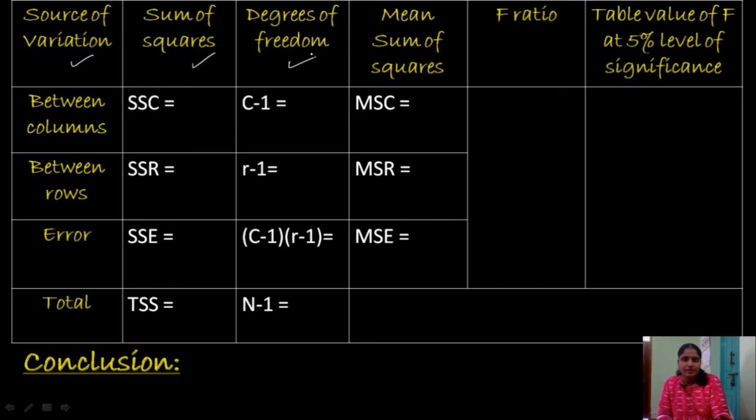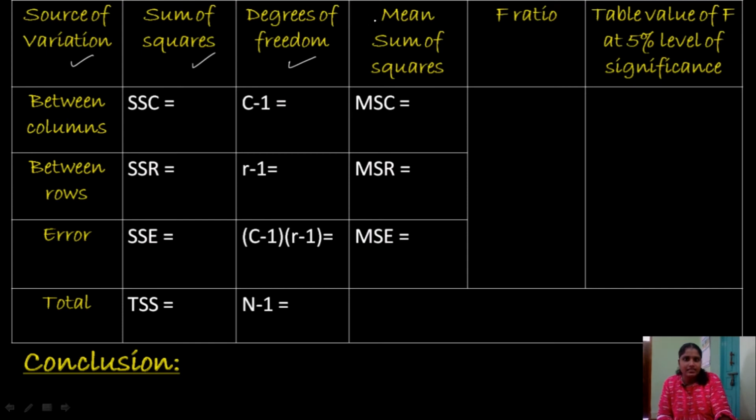The third column represents degrees of freedom. Here C represents number of columns given in our problem, and R represents number of rows, and degrees of freedom for error is C minus 1 into R minus 1, and the total is equal to N minus 1.